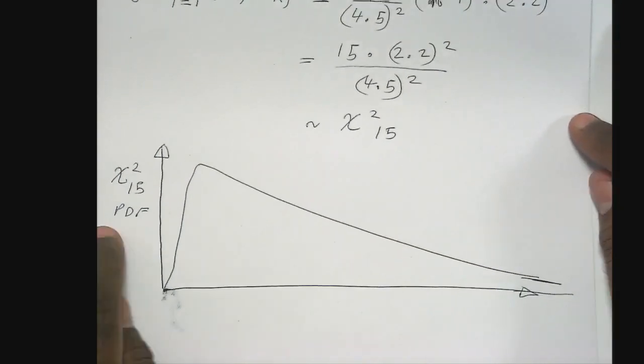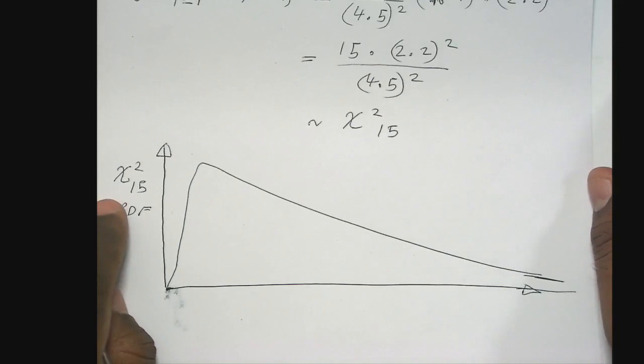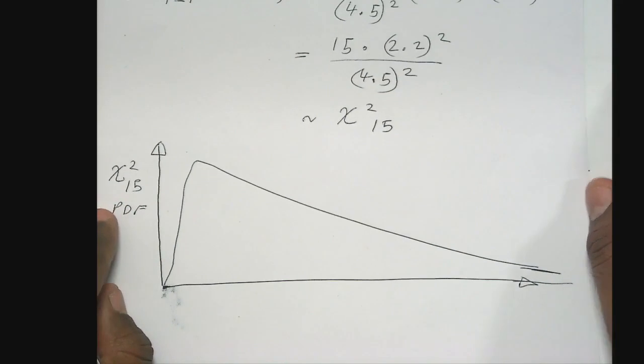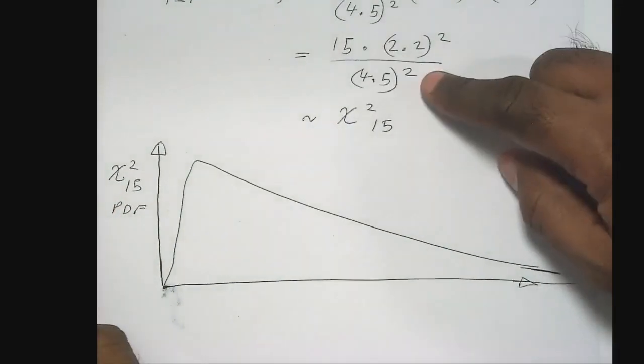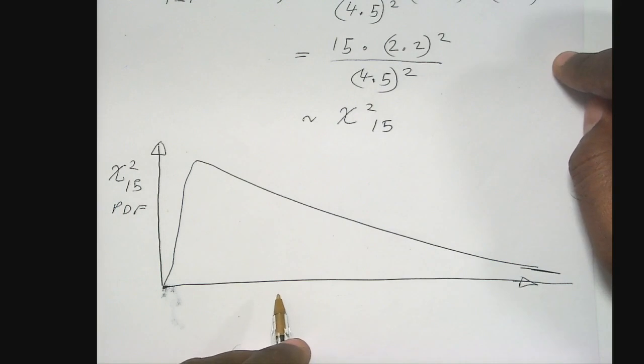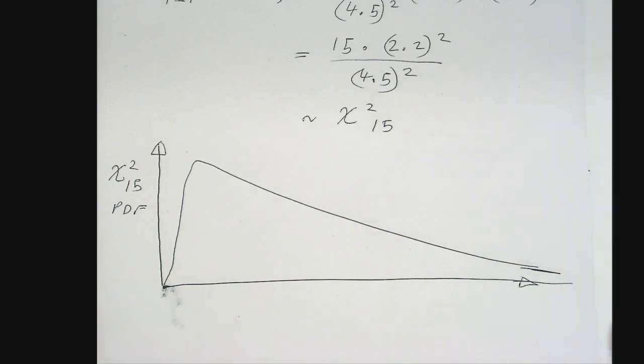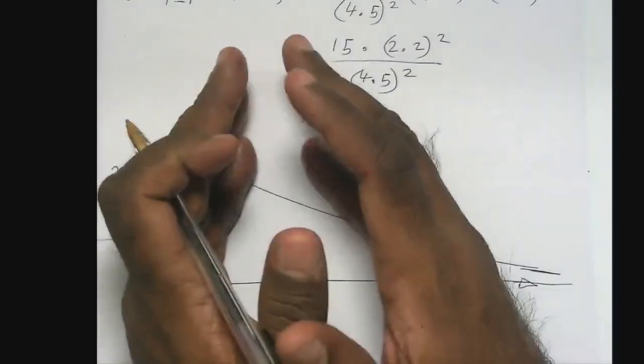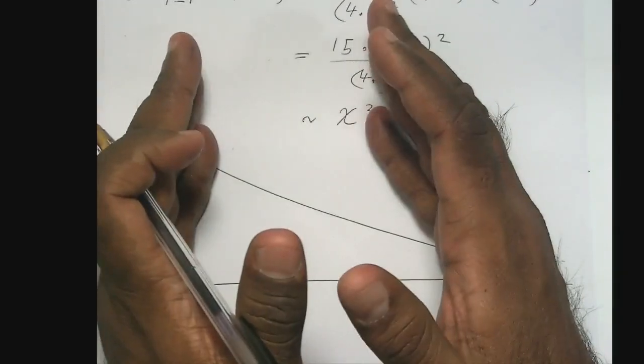What I have plotted here is the PDF of a chi-squared 15 distribution. If this number actually follows this distribution, you would expect it to fall in the center of the distribution.